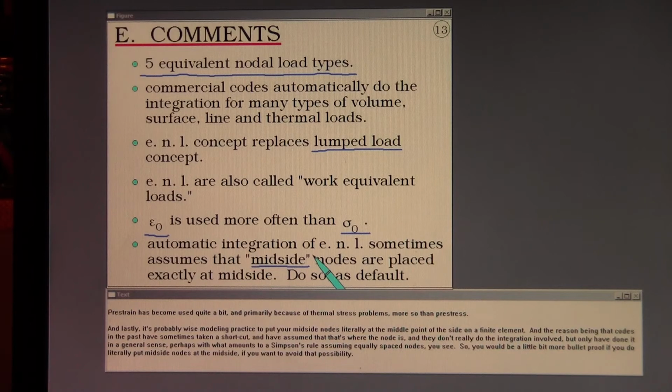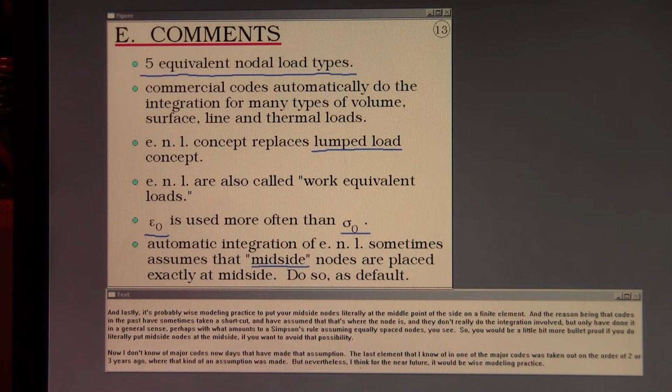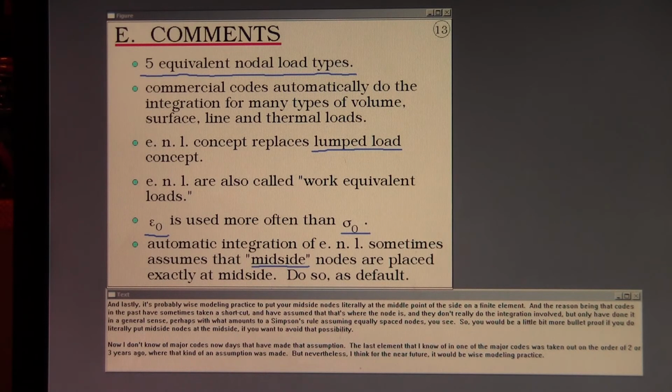So you would be a little bit more bulletproof if you do literally put mid-side nodes at the mid-side, if you want to avoid that possibility. Now, I don't know of major codes nowadays that have made that assumption. The last element that I know of in one of the major codes was taken out on the order of two or 3 years ago, where that kind of an assumption was made. But nevertheless, I think for the near future it would be wise modeling practice.